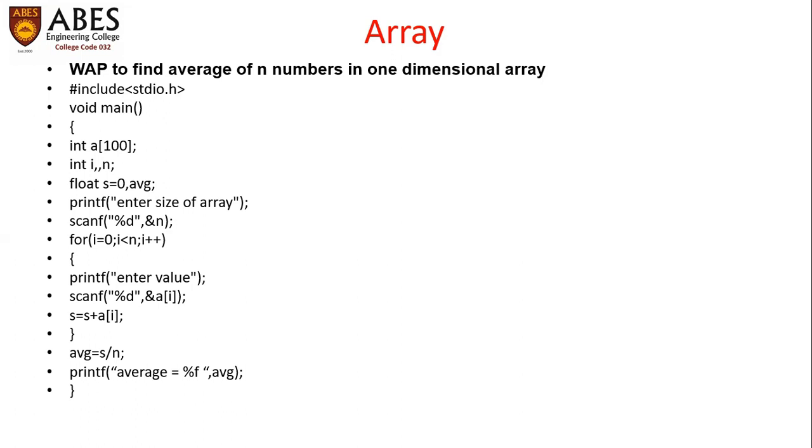If n is 10, it will be given by the user through the keyboard and stored in n. And for that particular n, the for loop will run from 0 to less than n.